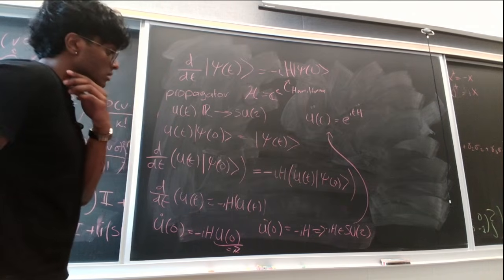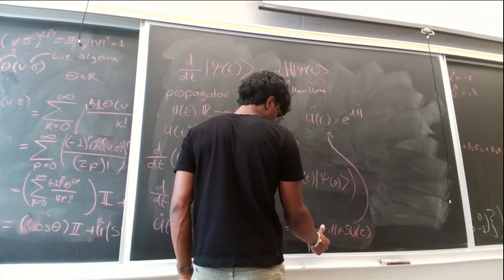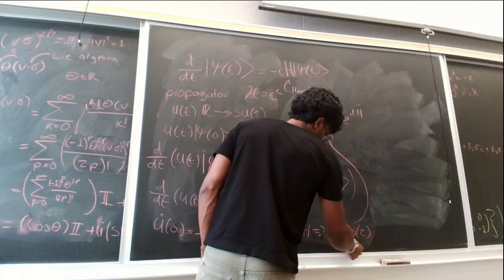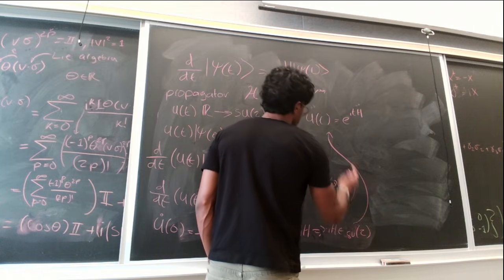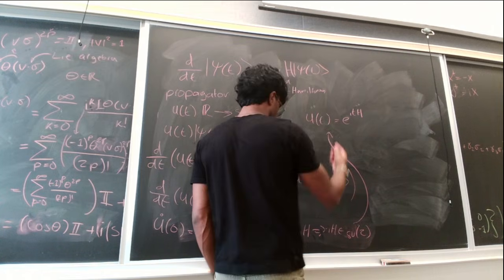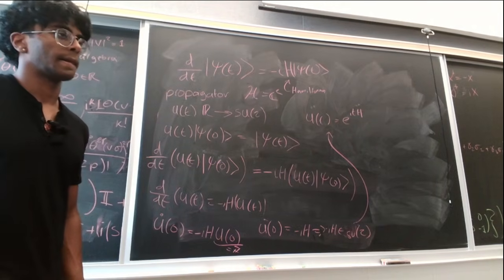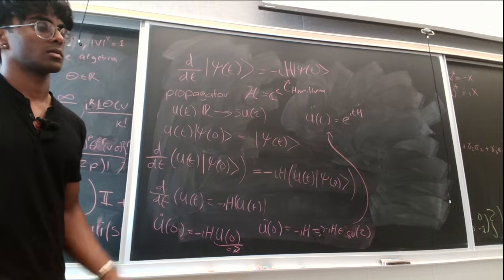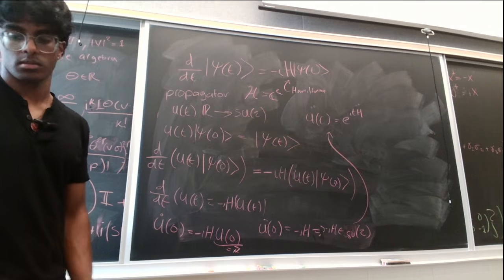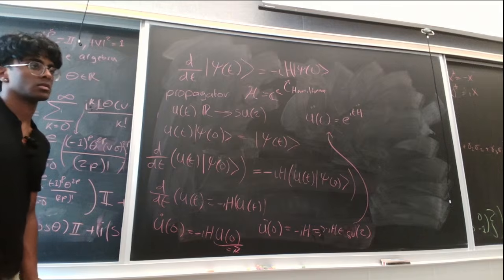It would be little s used, not capital S. Oh, sorry, that's what I meant to write. Is this right? This is right, because U of t has to satisfy the differential equation for flowing along the vector field given by the algebra element iH.